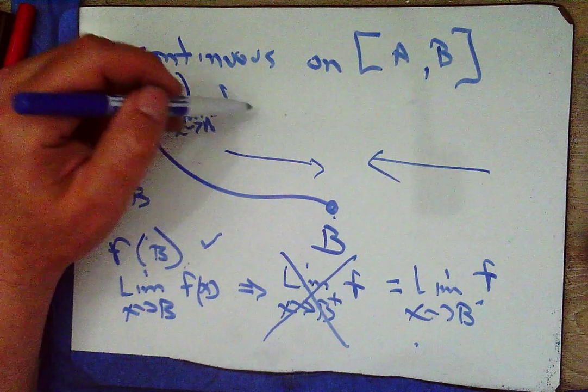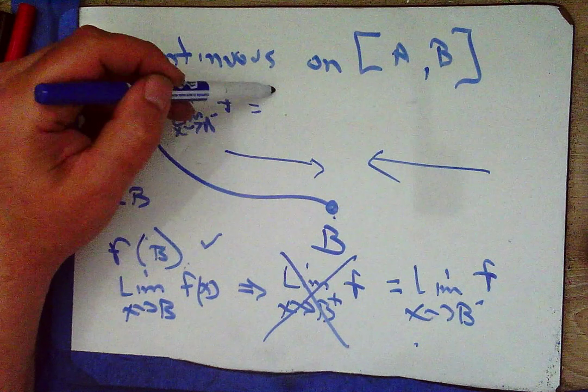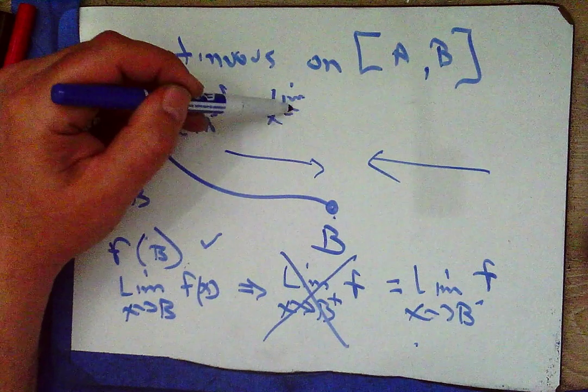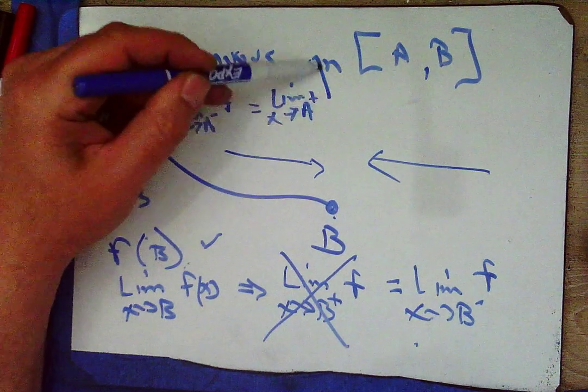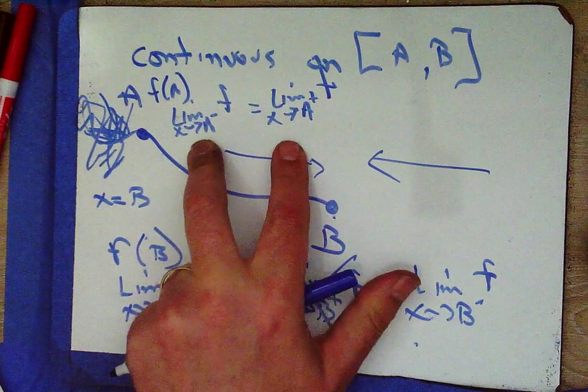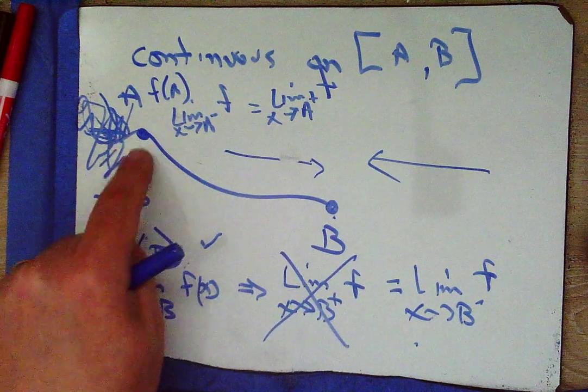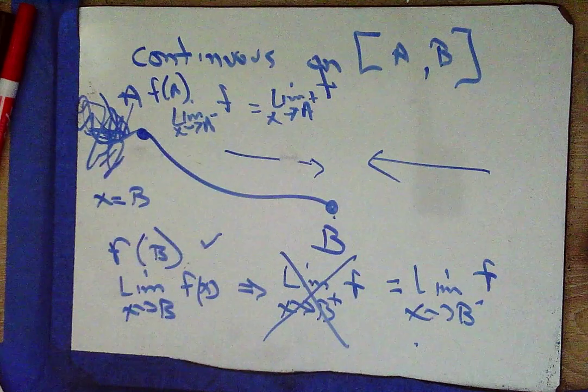And because this doesn't exist, but this does exist, then we can't actually have the limit at that point. So we're going to have to define things a little differently when we deal with endpoints. And I encourage you to box this next thing in with highlighter because this is something that people forget.